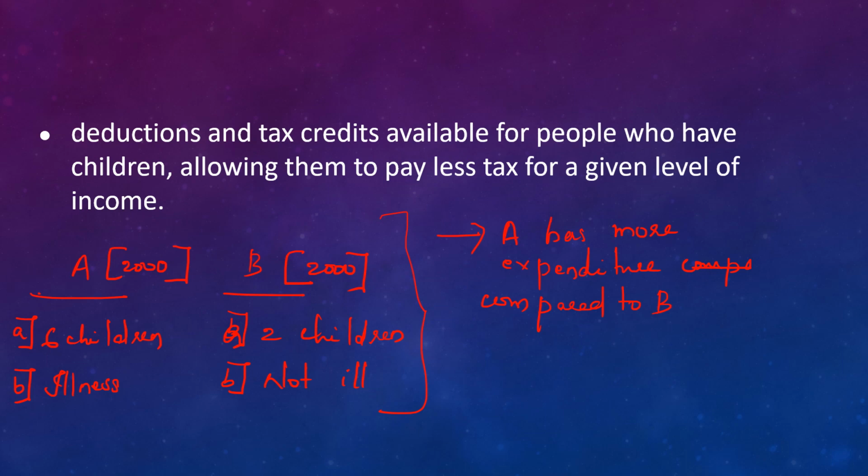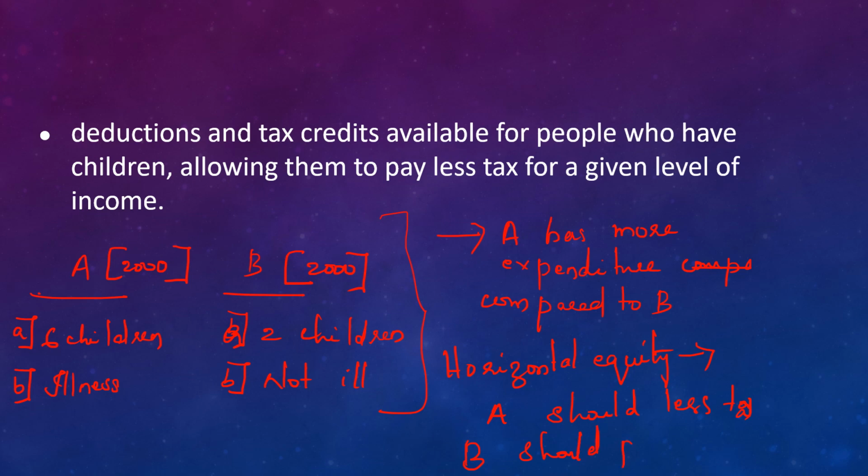Isn't it? If that is the case, as per horizontal equity, A should pay less tax and B should pay more tax.